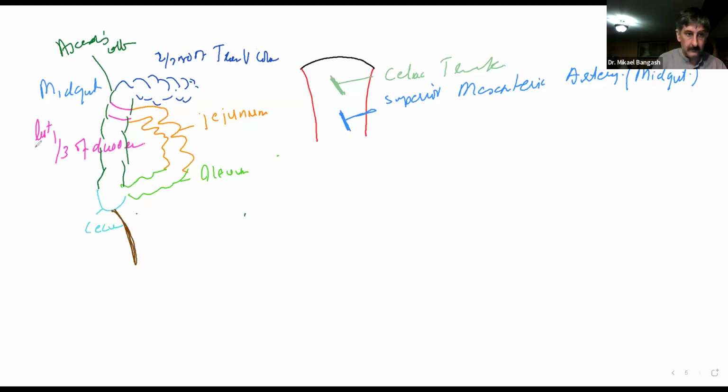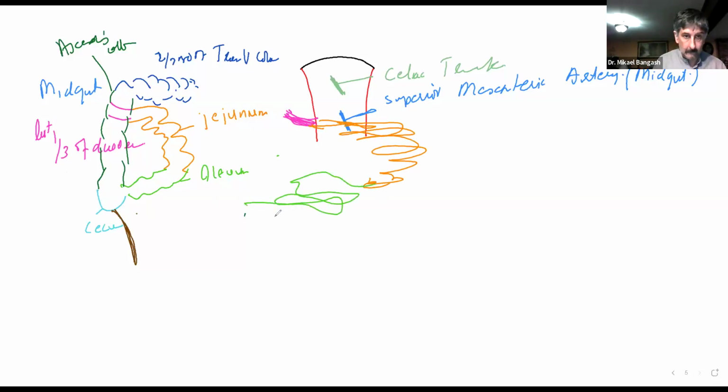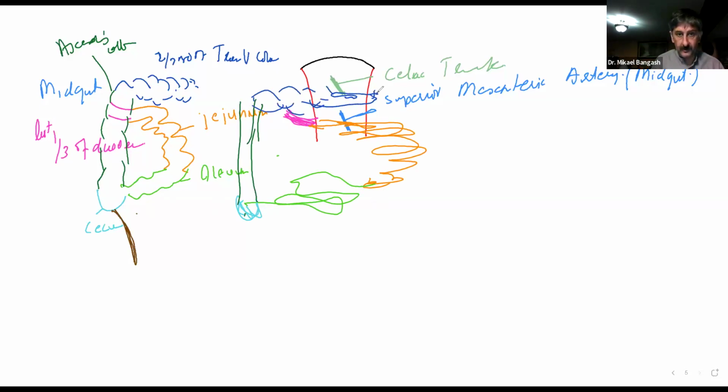So literally speaking, guys, we can mainly say that we have the duodenum, or structures like the jejunum, the ileum, the cecum, the ascending colon, and then your transverse colon. Did you guys get that?